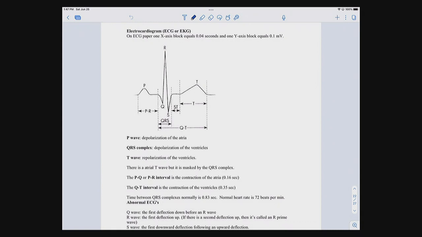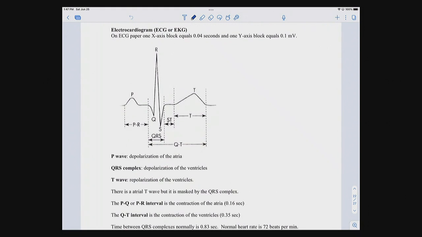Let's take a look at a typical ECG or EKG. What I have here is just a cartoon that is a generalization of what these look like. I'll make this point again in a bit, but each of these ECGs looks different depending upon what lead you're looking at.